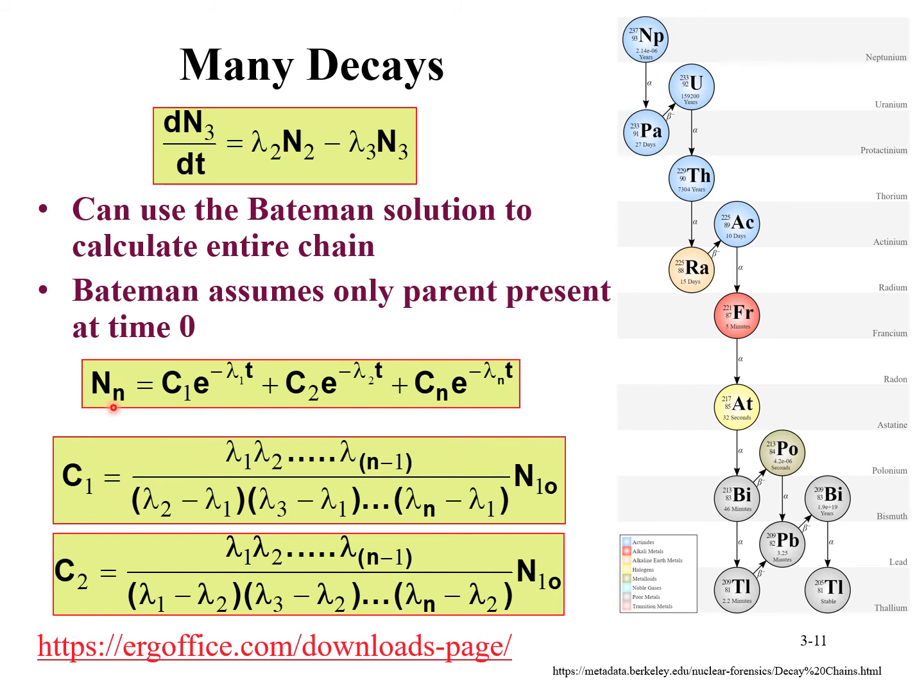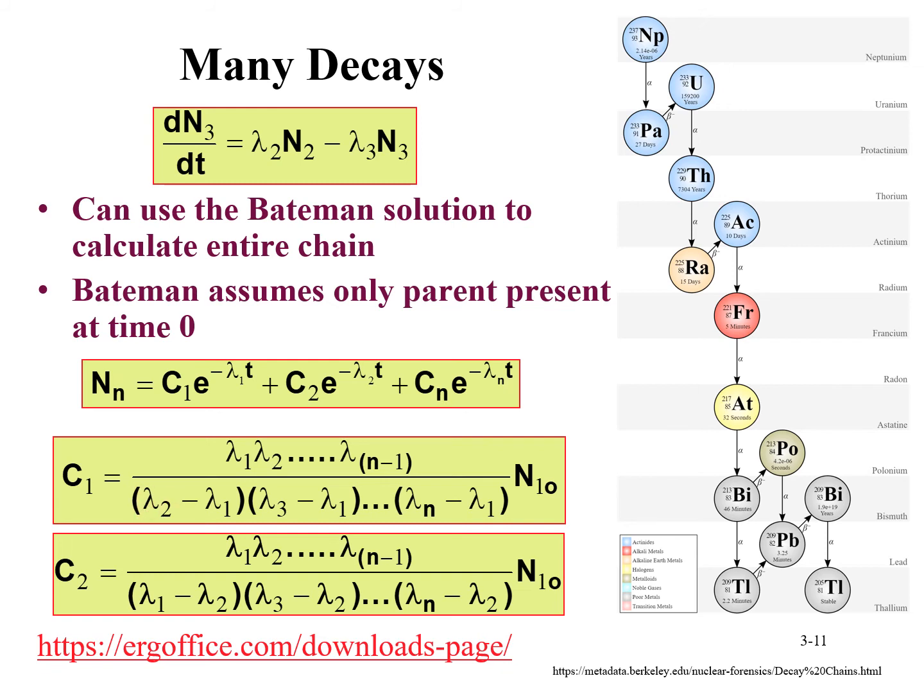It assumes that only parent is present at time 0, and we have a factor, C1, C2, Cn. Whatever n is, the number of progeny to be calculated, it's equal to this factor here, which is shown as the decay constants from 1 to n minus 1, and the difference between the decay constants of 2 minus 1, of 3 minus 1.